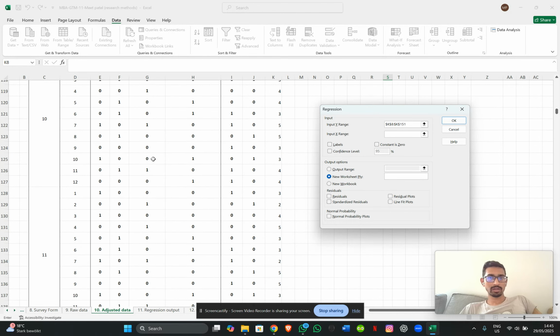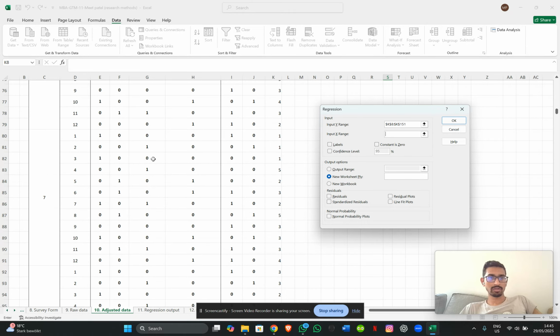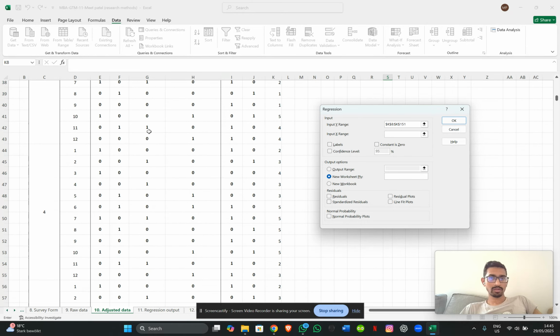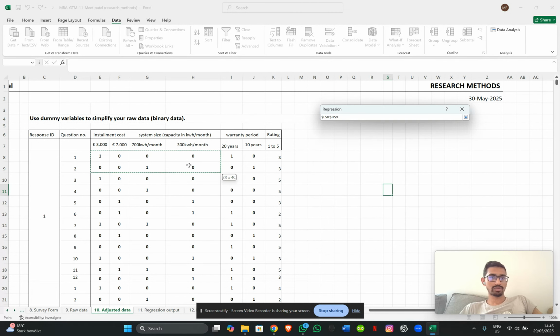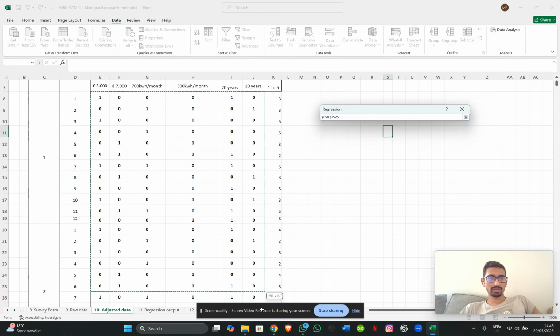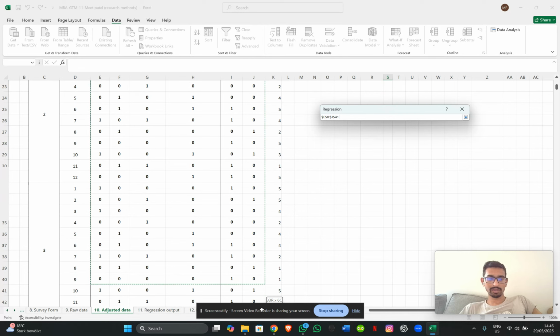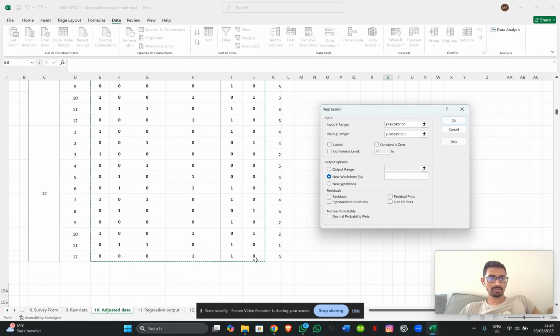The input X range is the installation cost and the warranty period, which I choose for the X-axis. First I select them, and then I choose labels. Then I put a new worksheet, and the new name is regression.